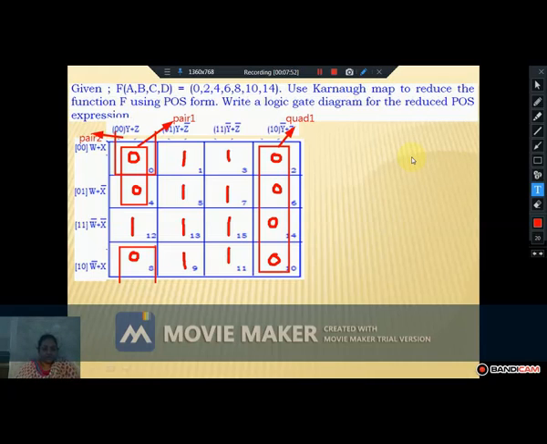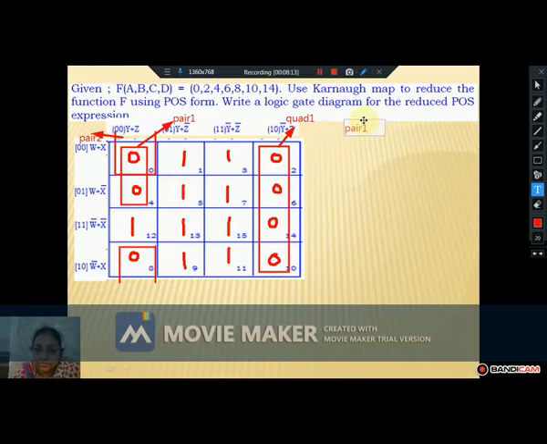Now, as we have finished marking, let's write the expressions. First, let us write the expression for the pairs. Let us take pair 1.